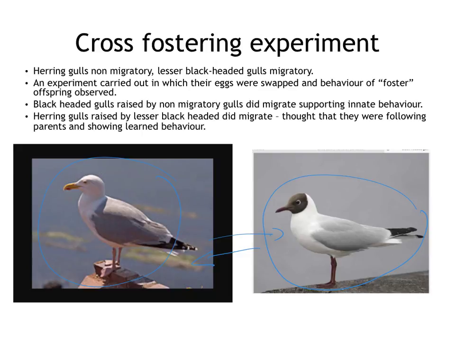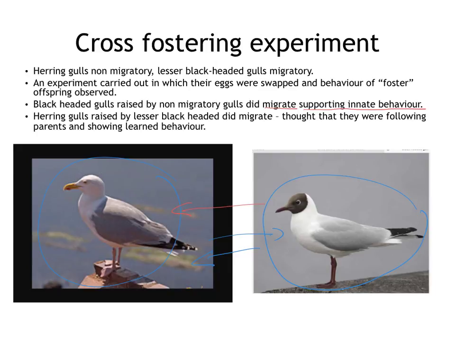And what was found was these black-headed gulls that were in the nests of these herring gulls, they did migrate, and that was said to be supporting innate behaviour. In other words, even although the parents weren't doing it, or those who they thought were their parents, even though they didn't do it, it was innate in the black-headed gulls to migrate.